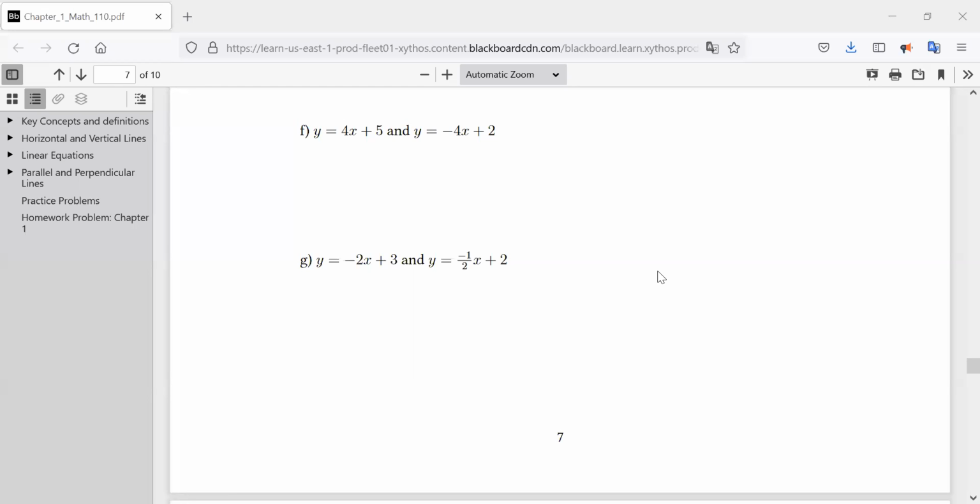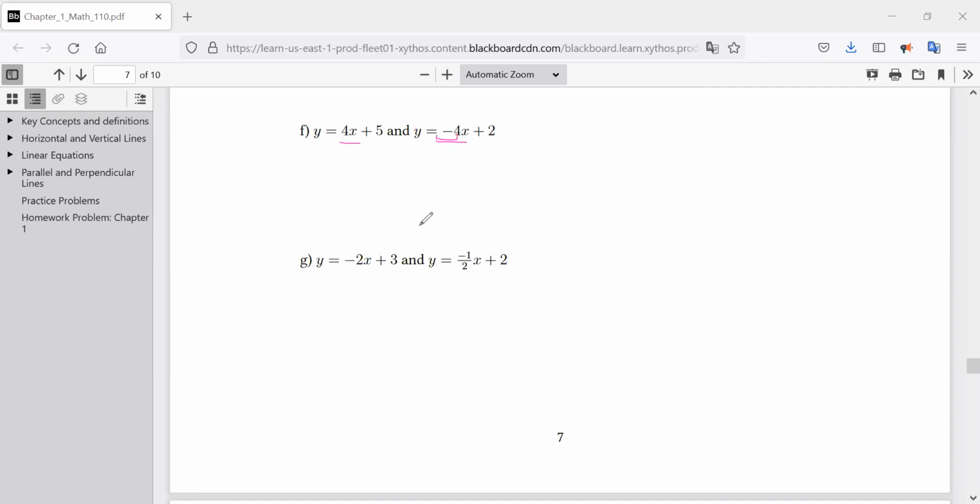Try your hands at F and G quickly. These you don't actually have to rearrange at all. So we have 4 and negative 4 as our slopes. What does that tell us? Are they parallel, perpendicular, or neither? Not parallel either, right?